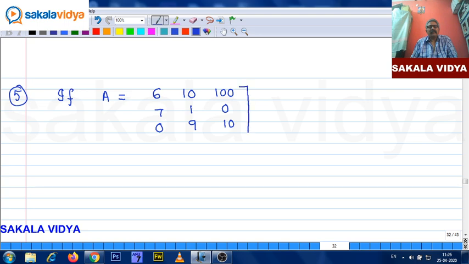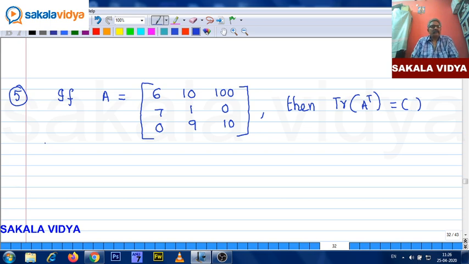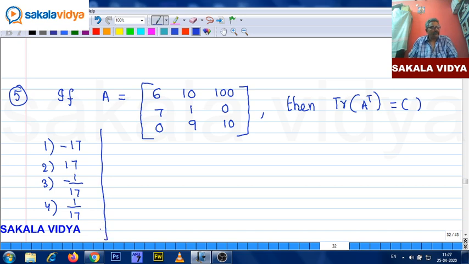I need to write very carefully because these are matrices. Then trace of A transpose. First option minus 17, second option 17, third option minus 1 by 17, fourth option 1 by 17.